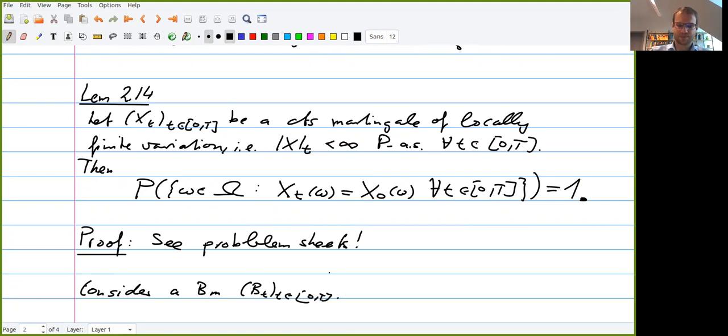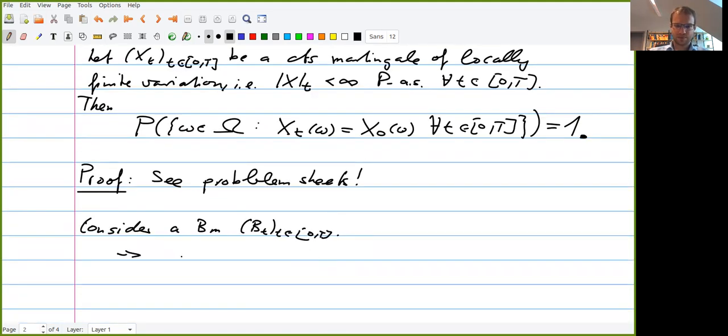The distribution at time t is given by a normal distribution with variance t, so it is not constant.